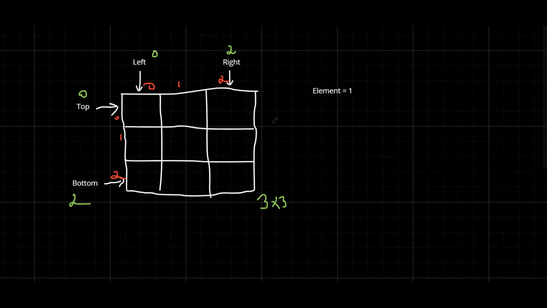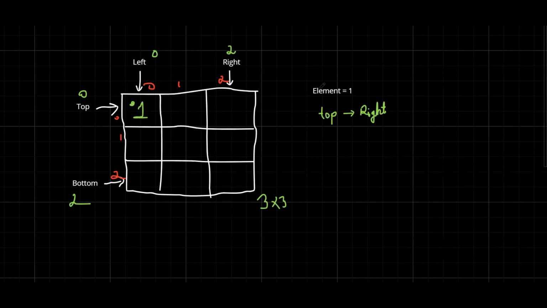Okay. Now, at first, we will run a for loop from left to right along the top. So here, the loop will continue from top to right. Now, at first, we are at this position, so we have to add the element, which is 1.